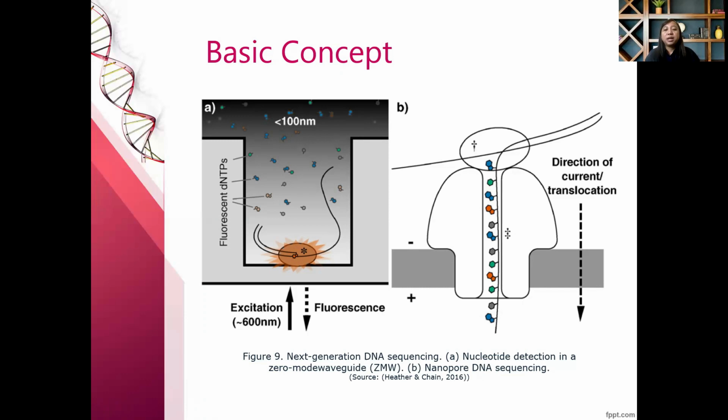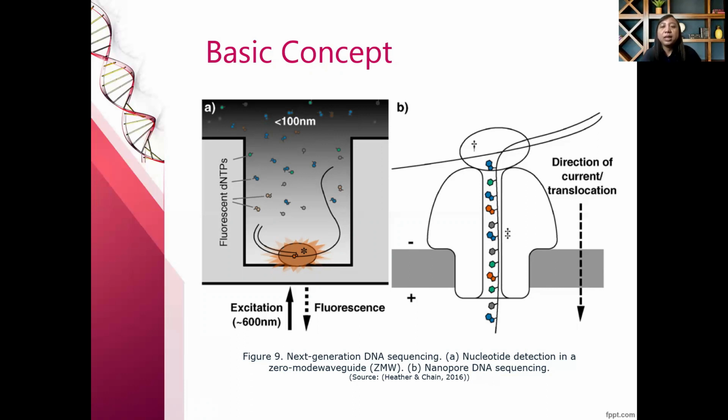As the diameter is narrower than the excitation light wavelength, illumination rapidly decays traveling up the ZMW. Nucleotides being incorporated during polymerization at the base of the ZMW provide real-time bursts of fluorescent signal without undue interference from other labeled dNTPs in solution.